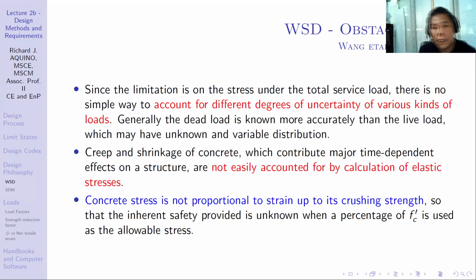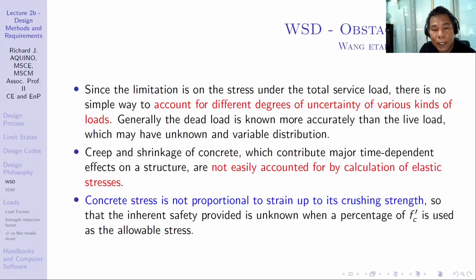As you can see, we are talking about the working stress or the actual load. So for example, for a residential building, there will be two persons walking, or three or five, or possibly 10 if you have a party. If you have a large party, maybe 20. So there is uncertainty of that kind of loading.